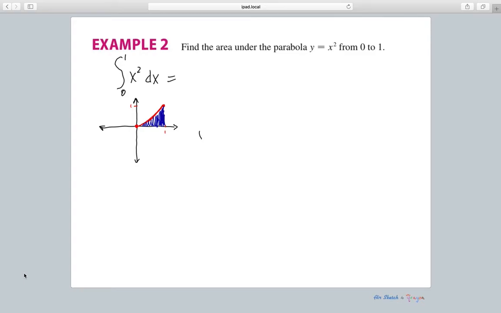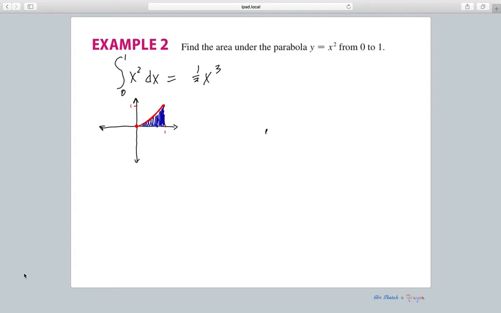All right, so what's the antiderivative of x squared? Well, you know you need it to be to the third power. And once I take the derivative of that, though, that would be 3x squared, so I'm going to need a coefficient of 1/3 to cancel out the 3. And again, you can differentiate this to make sure it's correct.